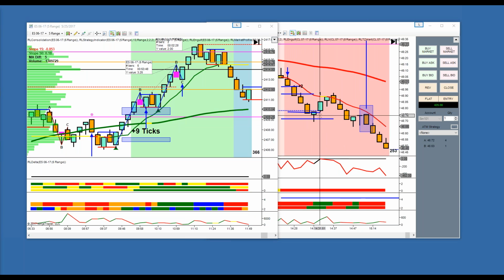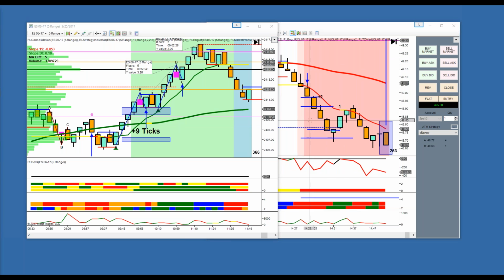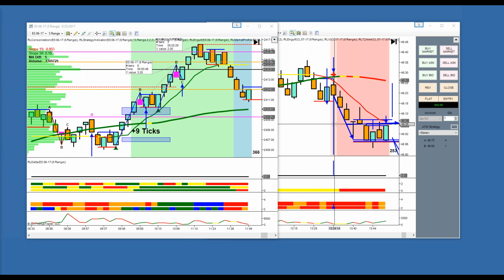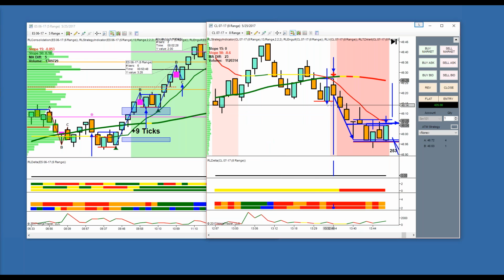And when they do, just don't miss them. Don't miss this short trade here. Don't miss this strategy entry. If you miss them, your fingers aren't going to fall off. But when a good trade comes, you've got to jump on it without hesitation.